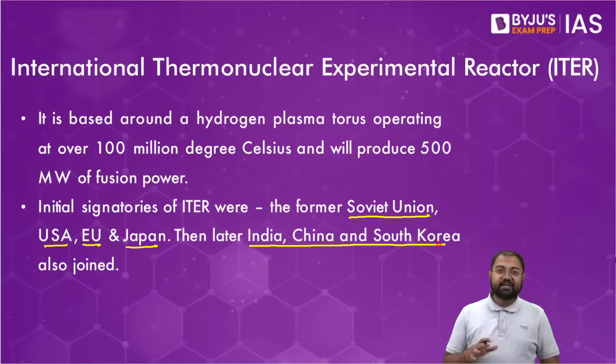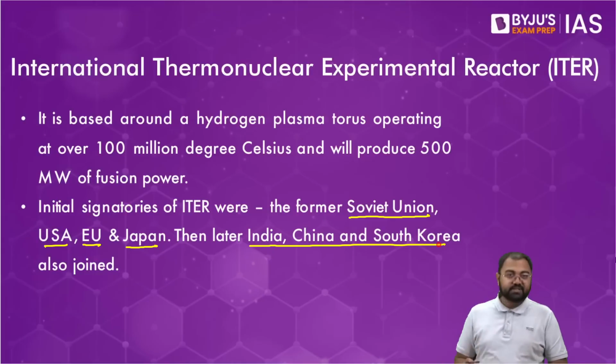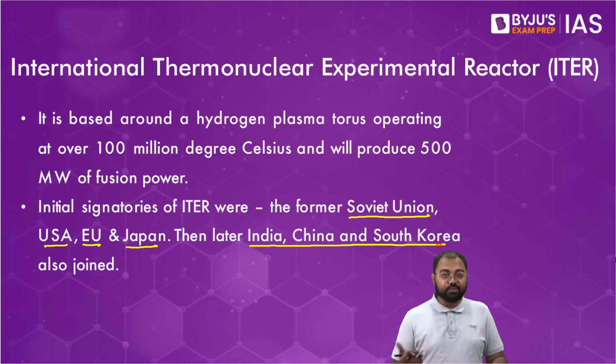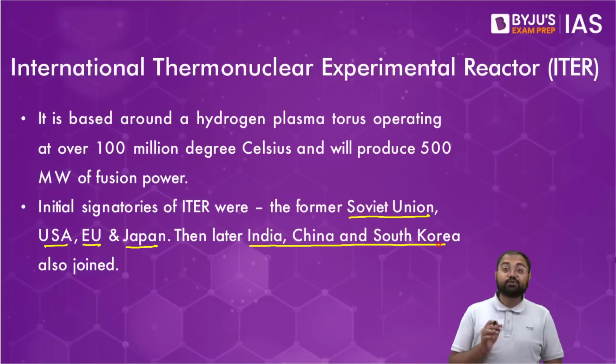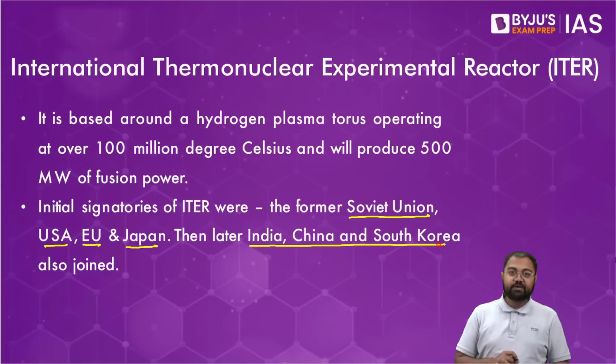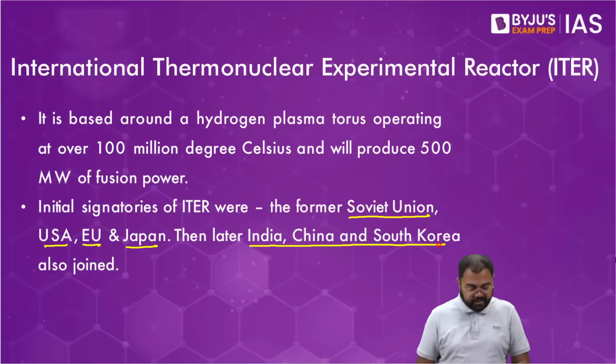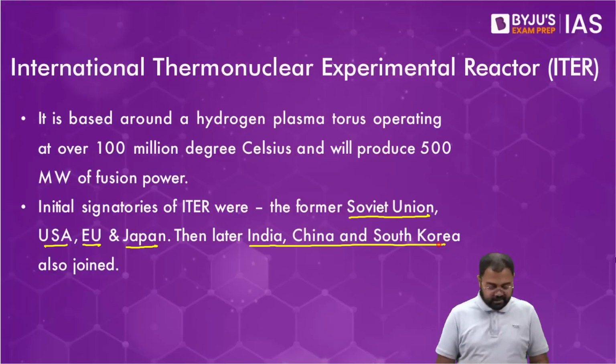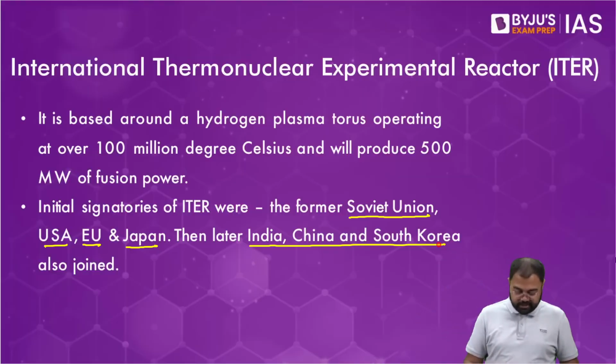So today there are a total of 7 members, and these 7 members together are trying to make this work. India also has been a very crucial part of this ITER for the last almost 17-18 years. So we have also been trying, and let's see where it moves. And right now we are just trying to make it happen.